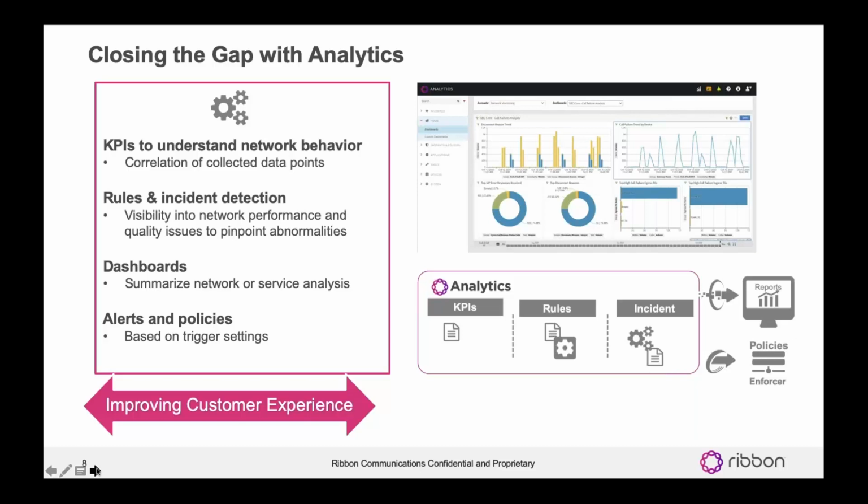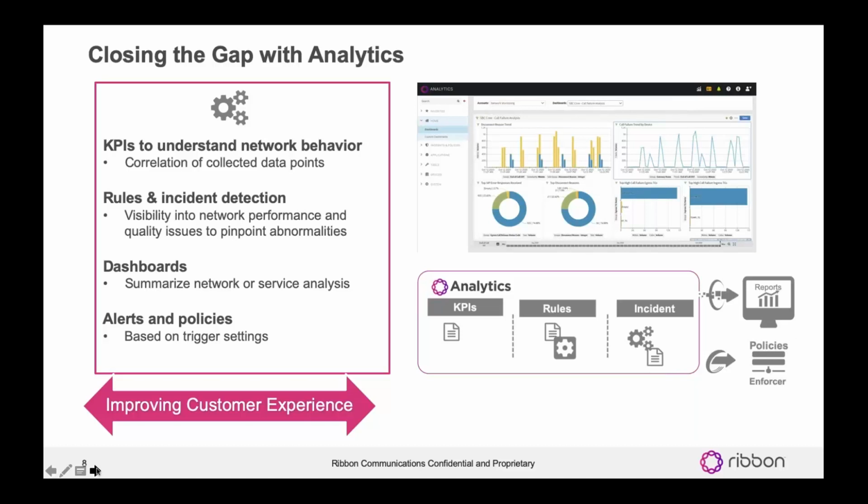So you're correlating all of these different data points to create KPI sets that can be used to determine where problems may be occurring in your network, where you may be having congestion, and how you might be able to resolve those. Are you having a quality of experience issue? Well, where is it happening? So those KPIs are exceptionally important as a starting point. You can only do that by collecting a vast amount of data.